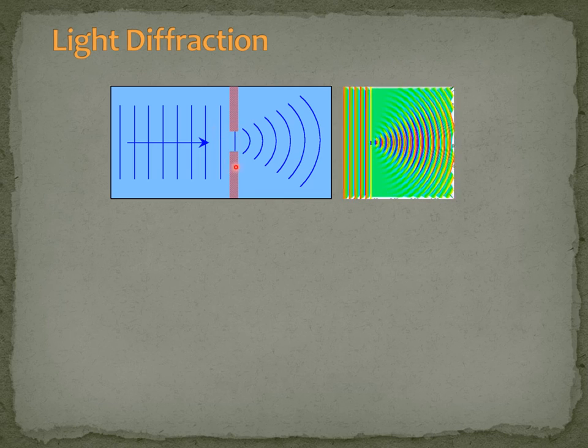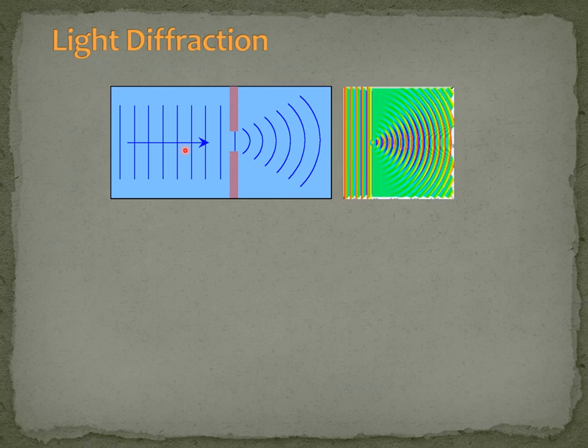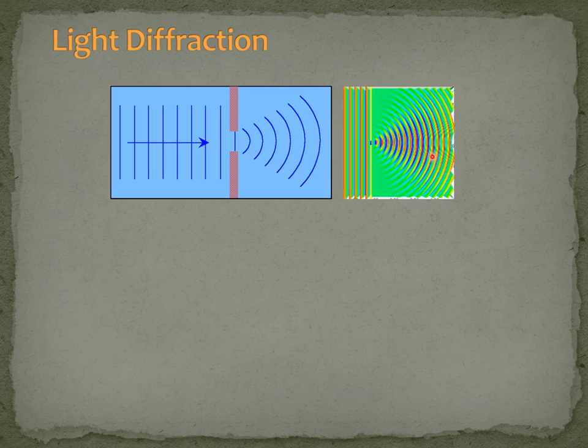So the larger the opening is, the less we observe this effect. But this is the characteristic that allows us, if this was a sound wave and we were sitting in here, to still be capable of listening to the sound, because the wave of sound will bend around the corner. So this is the phenomenon that happens.